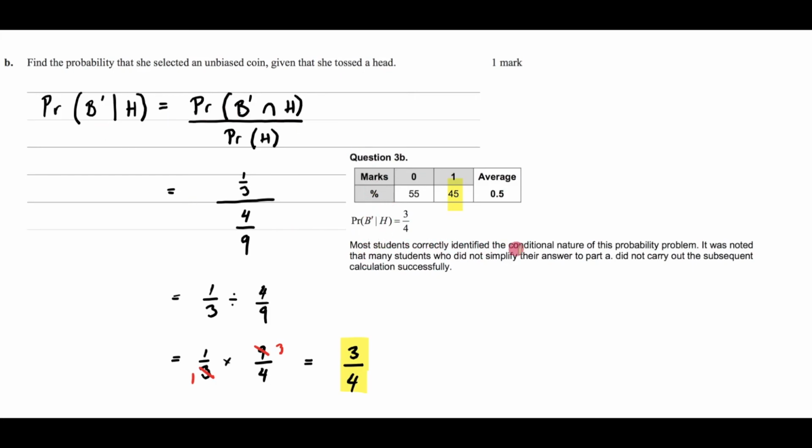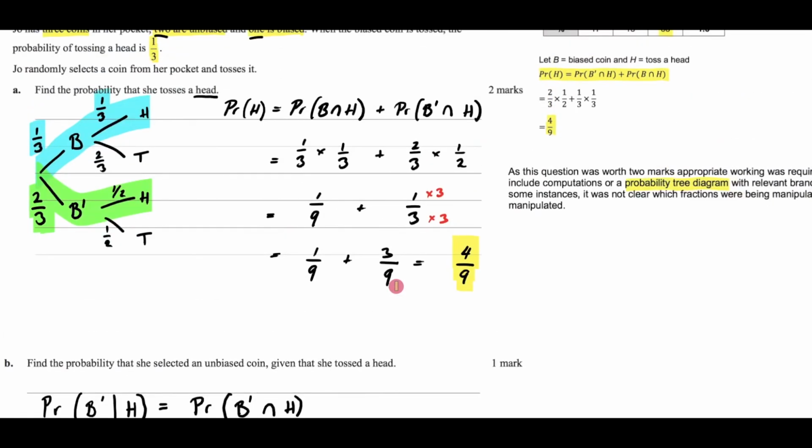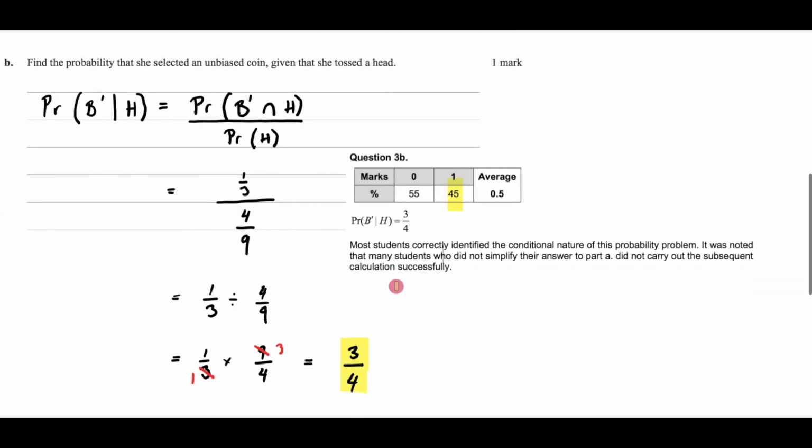Most students correctly identified the conditional nature of this probability problem. It was noted that many students who did not simplify their answer to part A did not carry out the subsequent calculations successfully. So what that's really saying is that your ability of doing A correctly was very important for B. But overall, I think this is a very nice probability question, nothing out of the ordinary.